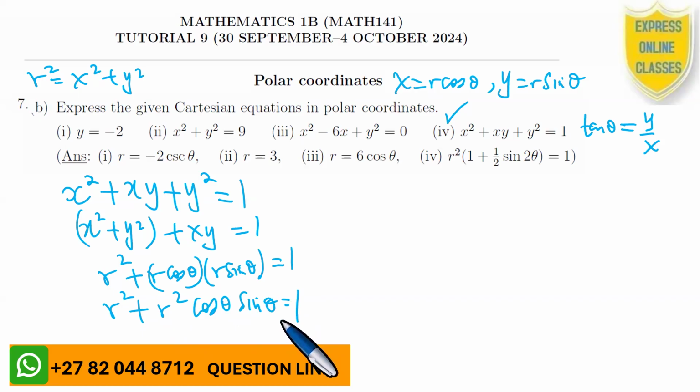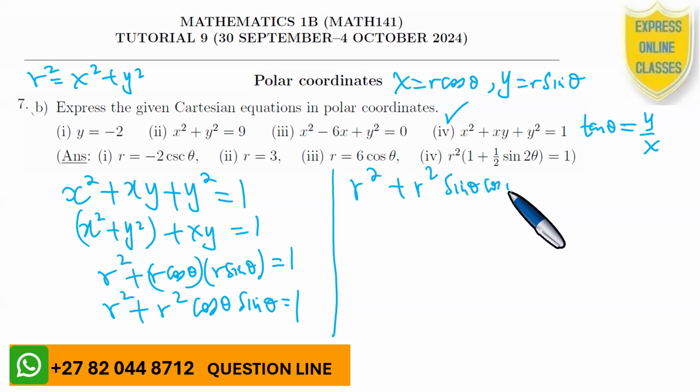So this is what we have. We have r squared, then r squared times sine theta cosine theta, which we can write with a 1/2.